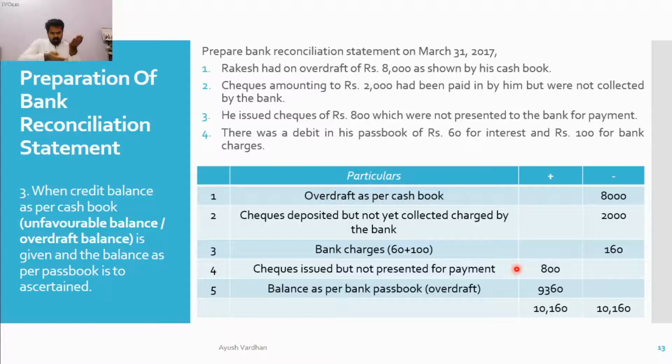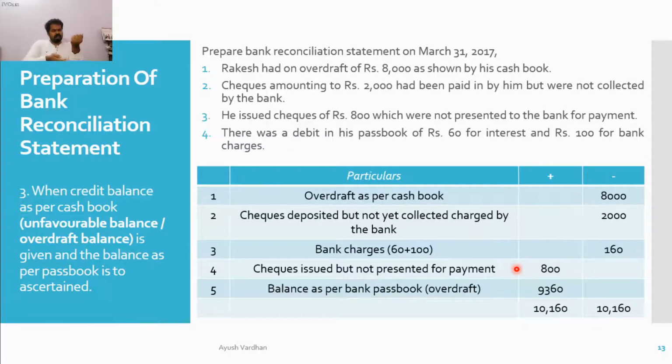But what happens here? There is an immediate entry of minus 800 in the cash book, because Rakesh has already made that entry. So the cash book goes minus 800, and whether it is presented to the bank or not doesn't matter, the passbook is still at the zero level. So this is at 0, and this goes negative.